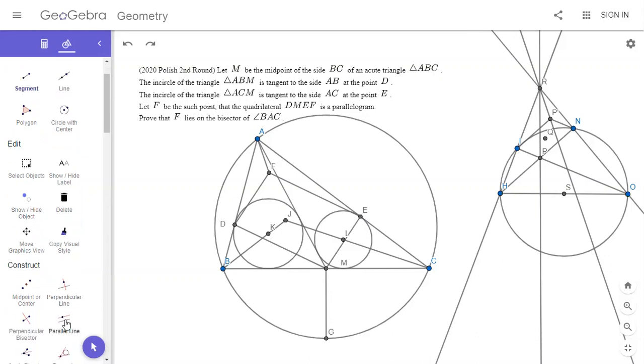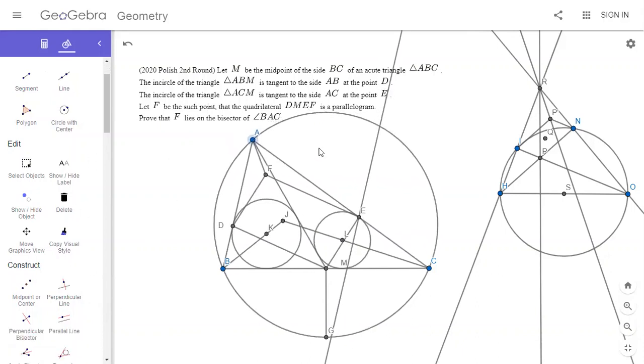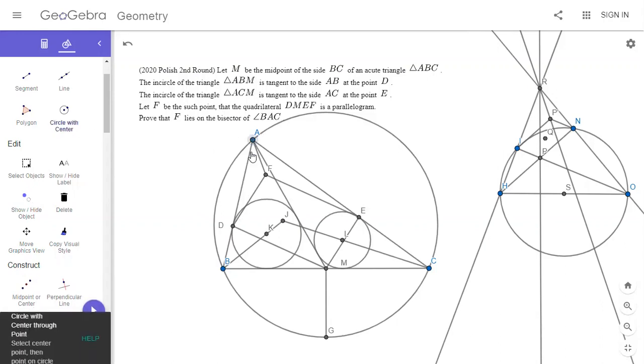What if I draw this parallel? What if I did this?